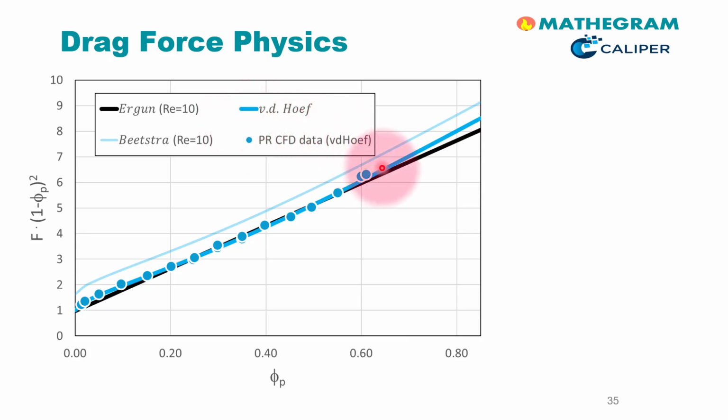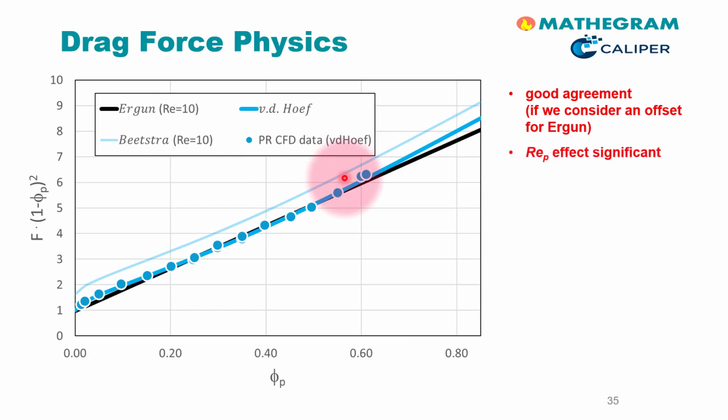The correlation of Ergun is plotted for a Reynolds number of 10, for which it has an offset of approximately unity. Note that this offset of course vanishes if we would use a Reynolds number of 0 in this Ergun correlation, as was the case for the PR-CFD simulations.